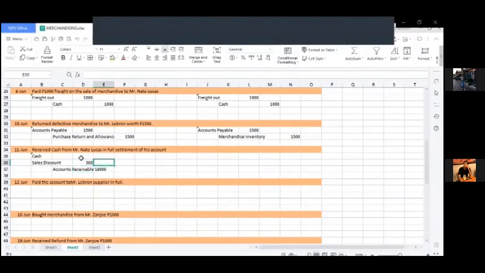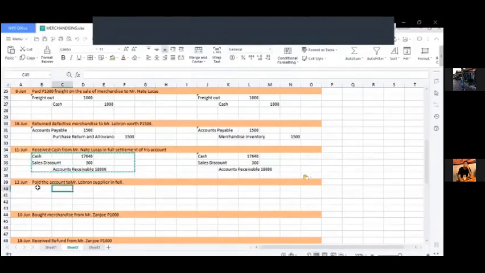And may marireceive tayong cash na 17,640. So, pagdating ng perpetual inventory system, ano yung babaguhin natin dito? So, wala tayong babaguhin. So, same entries lang din. Yan.